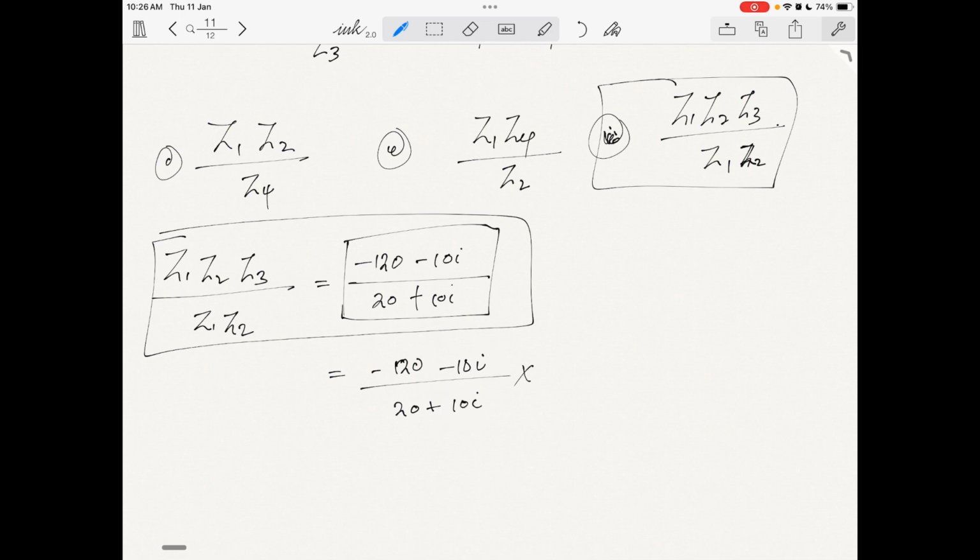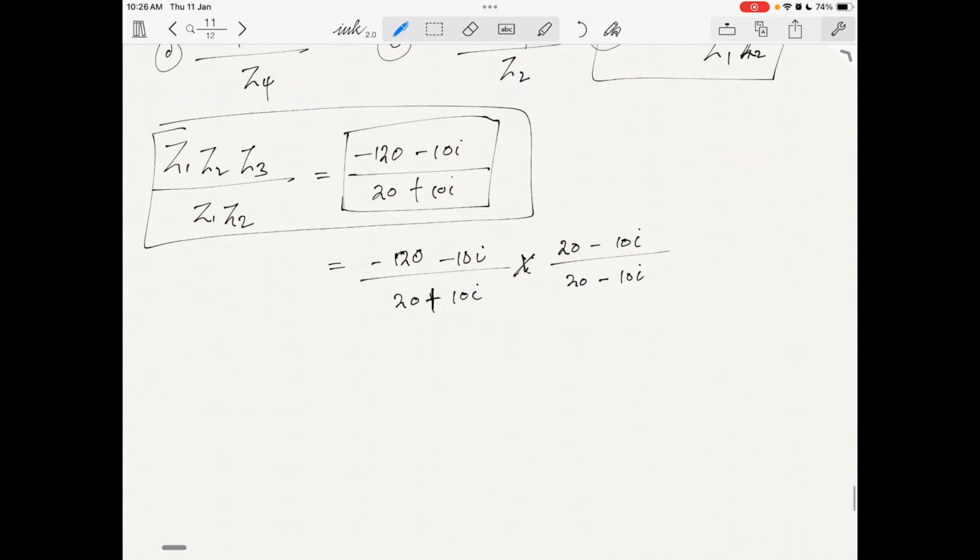Now the conjugate of the denominator, this is our denominator here. Since the sign of the imaginary part is positive, our sign will change to negative for the conjugate. So we are multiplying by 20 minus 10i.